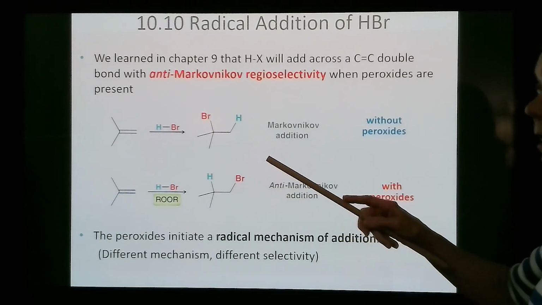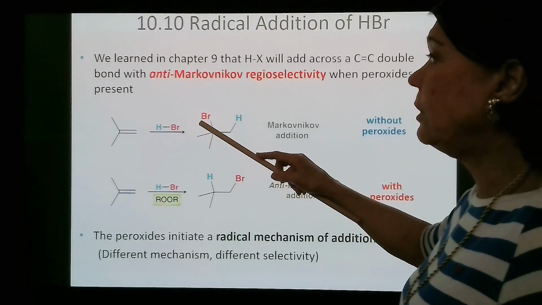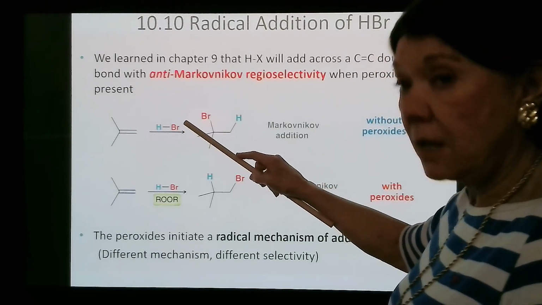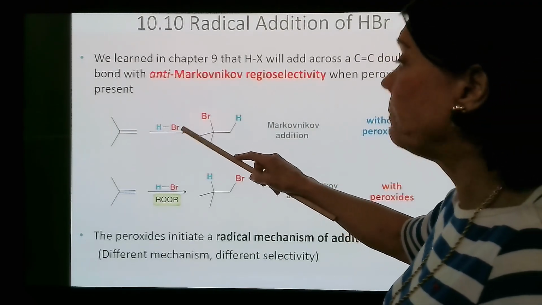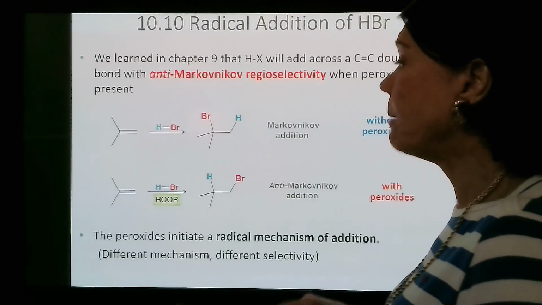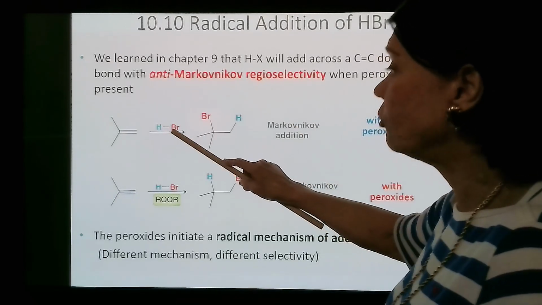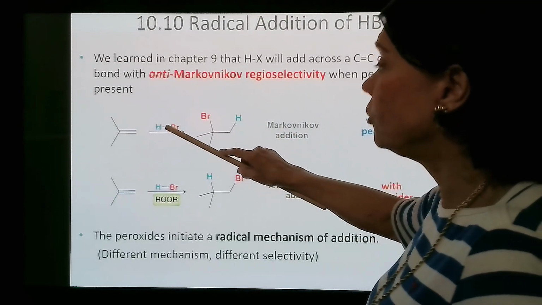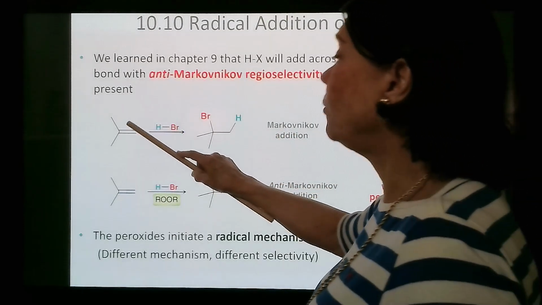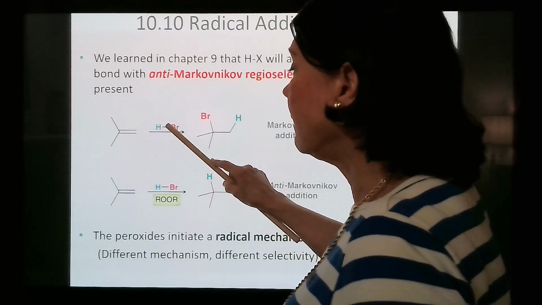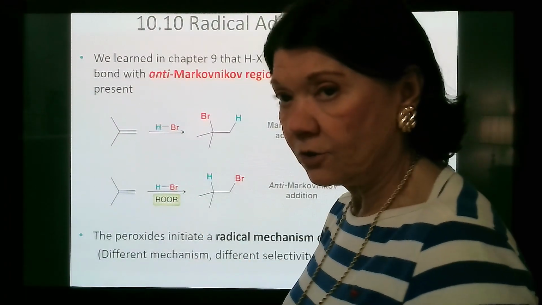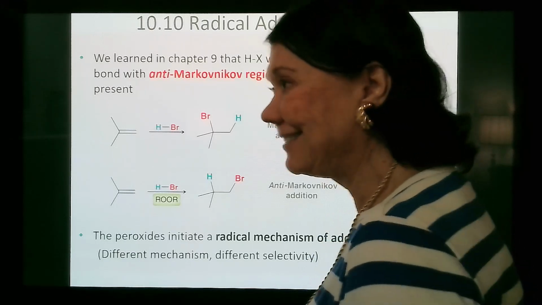Remember, we covered the Markovnikov addition of many different compounds under acidic conditions. This is just one representative one, Markovnikov addition. Remember, in the first step, when you have an organic compound in the presence of an acid, the first thing that happens is you protonate the organic compound.